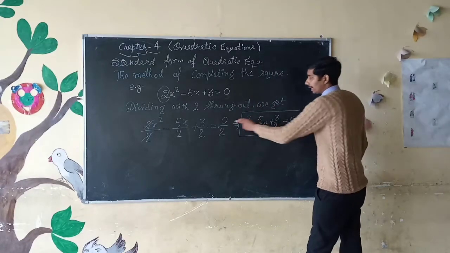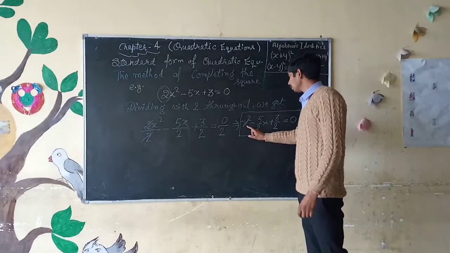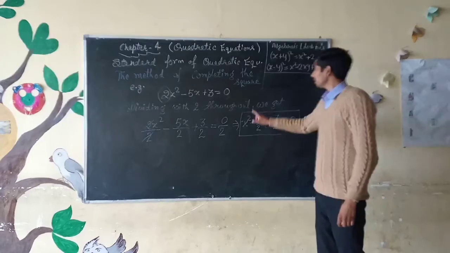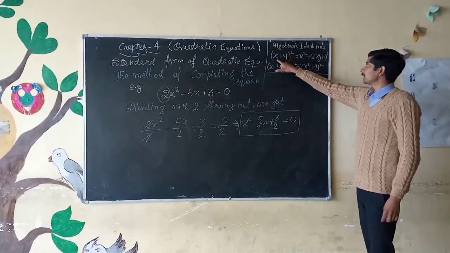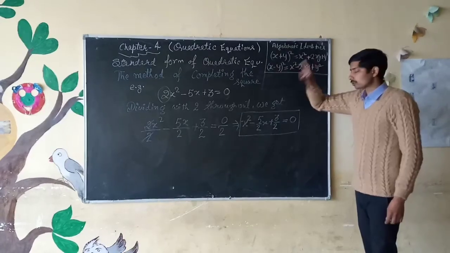That's why I write 0 here. Let me tell you, we will make this quadratic equation in such a way that we get either x plus y whole square or x minus y whole square.